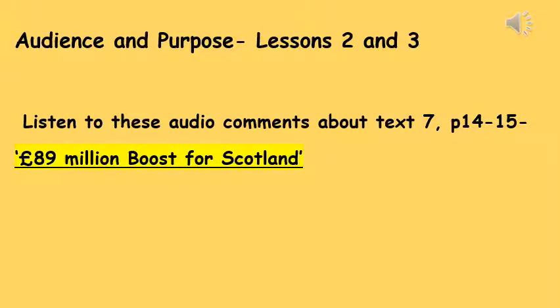Text 7 has the title £89 million boost for Scotland, and we're told at the top that it comes from a magazine called Pickup, which is the in-house magazine of Glasgow Prestwick Airport.